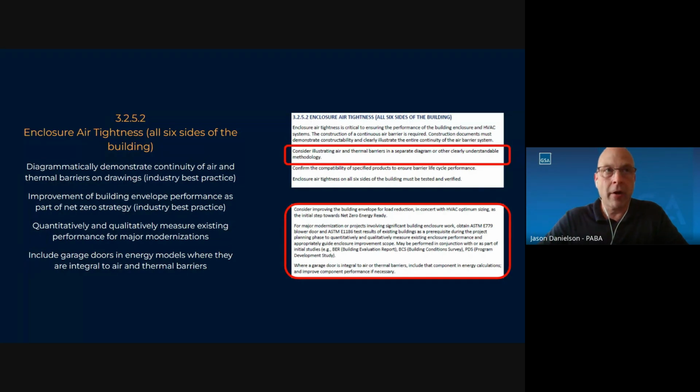If security requires that door to be closed most of the time, the garage door should be included in that energy model. That's really your air line, and your thermal line as well as your vapor line. That outside wall that's aligned with your garage door, then it really needs to be at the roof of that parking garage. So it's definitely something to consider, and if you have any questions, feel free to reach out.